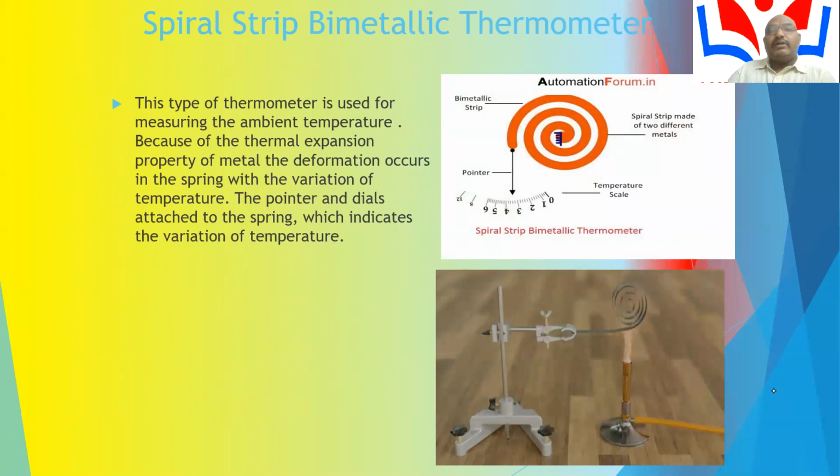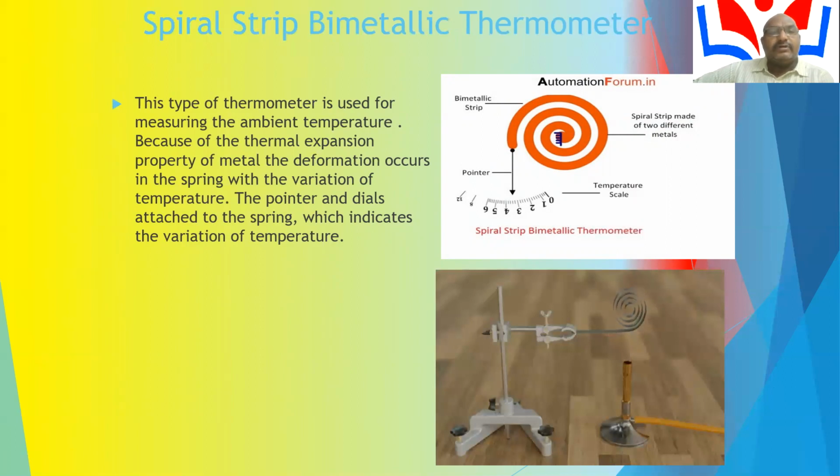Spiral strip bimetallic thermometer. If the temperature increases, automatically the bimetallic strip is enhanced. This type of thermometer is used for measuring the ambient temperature because of the thermal expansion property of the metal.